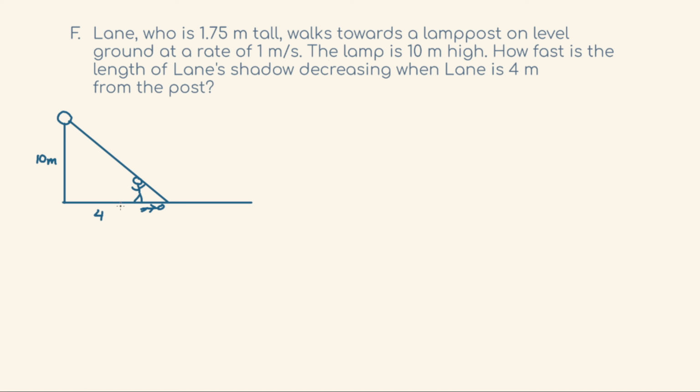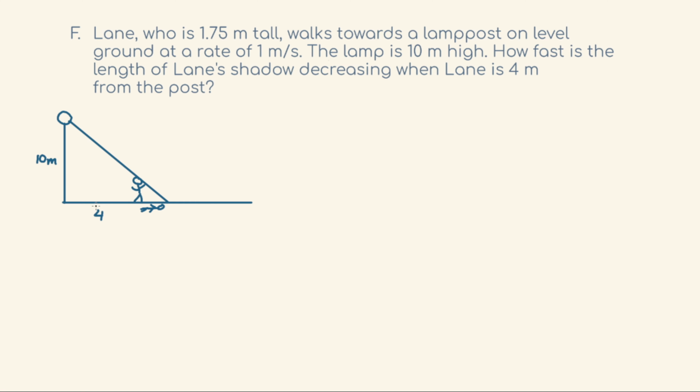And that would be incorrect because Lane's distance from the post is changing over time. So we can't plug in this value yet. We're only going to plug it in after we've taken the derivative. So things that are changing, only plug them in after you've taken the derivative.